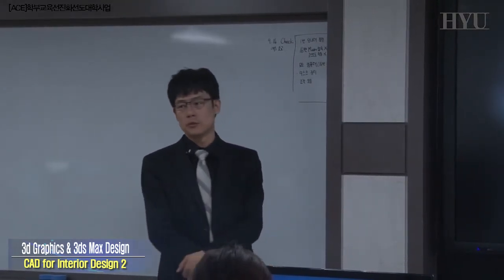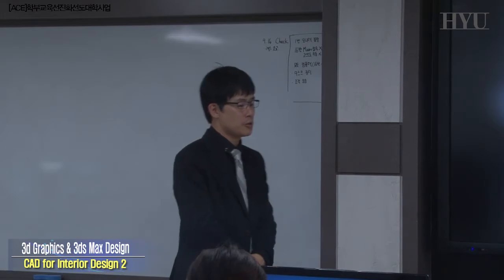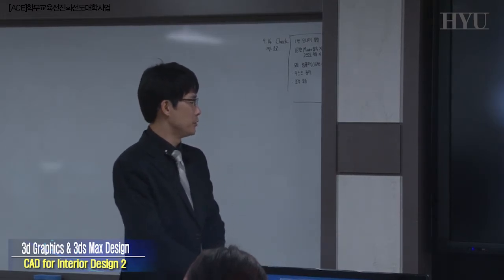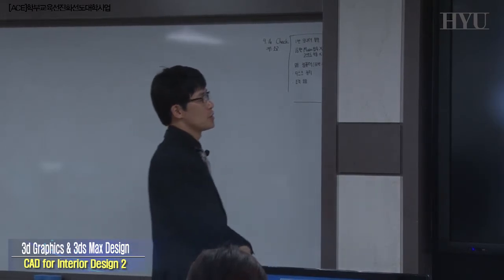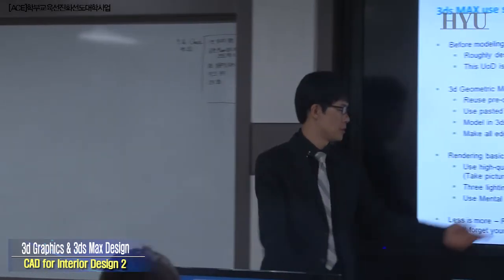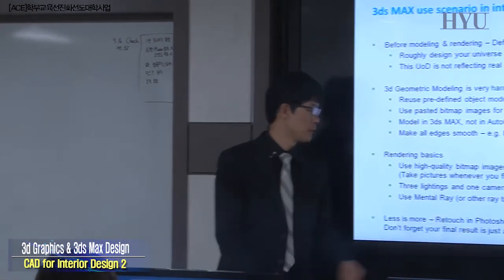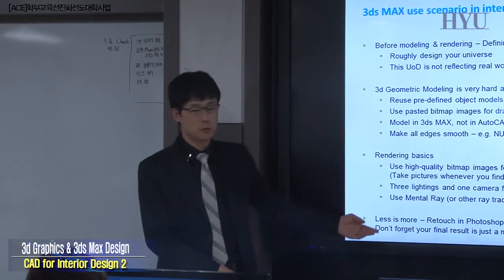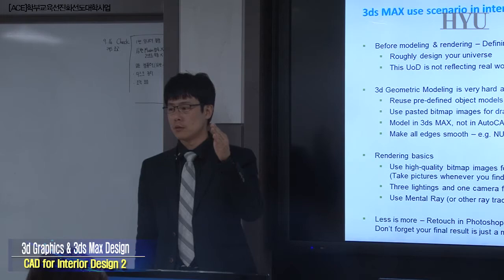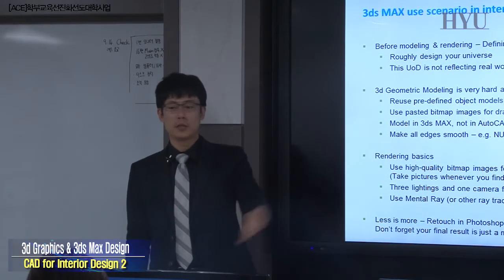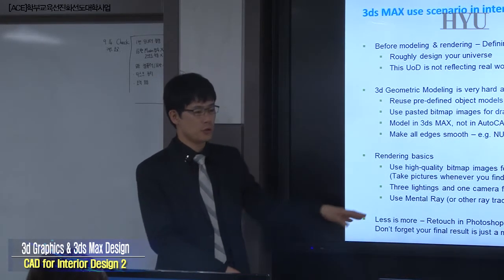You can refer to what these are. In the actual lab exercise hours, we're going to review those aspects as well as some retouching in Photoshop. I told you before, Photoshop is the world's perfect software. Less is more. Just render close to final and retouch it in Photoshop in a shorter and more efficient way.